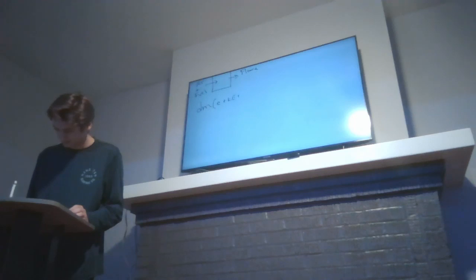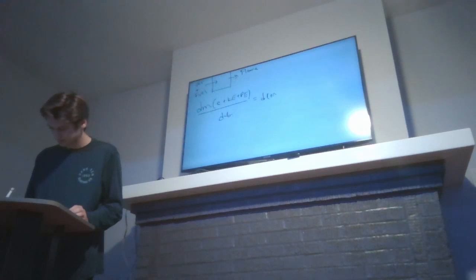So we have change in mass times enthalpy plus kinetic energy plus potential energy divided by change in time equals change in mass times enthalpy plus kinetic energy plus potential energy, and then that will be times the N minus dt.